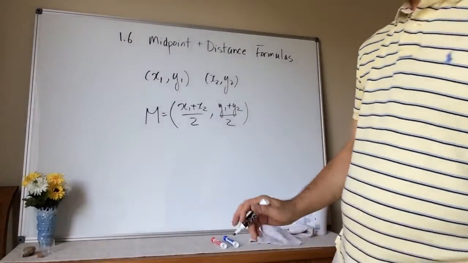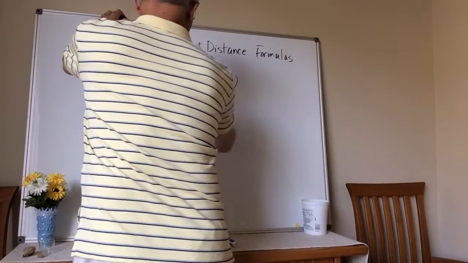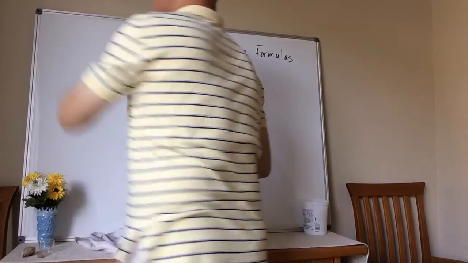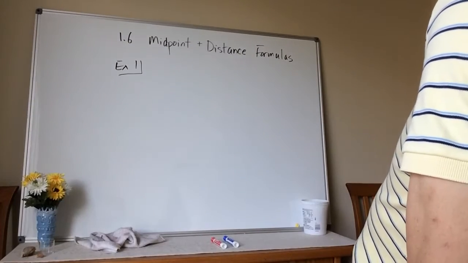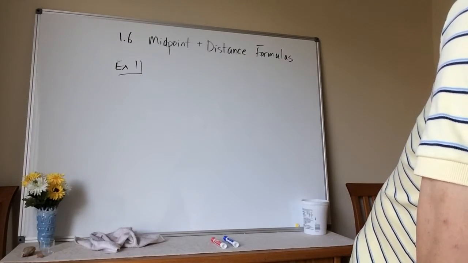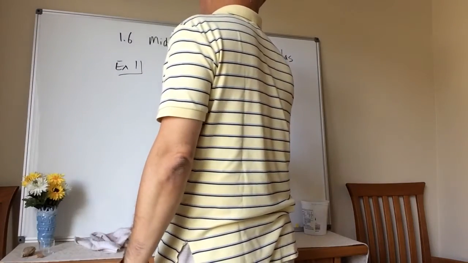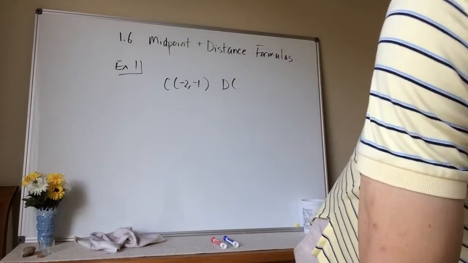So let's do example 1 and see if we can use this formula to calculate the midpoints. Example number 1 says, find the coordinates of the midpoint of C and D, where C is (-2, -1) and D is (4, 2).